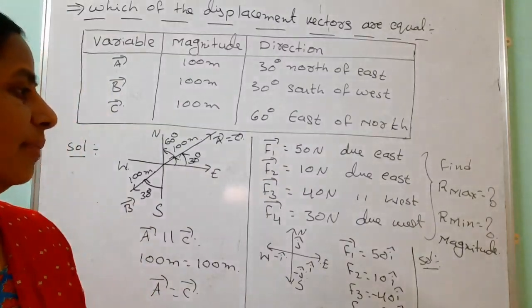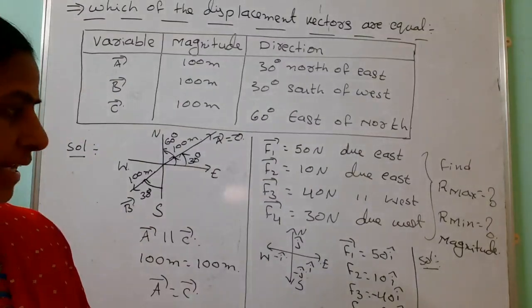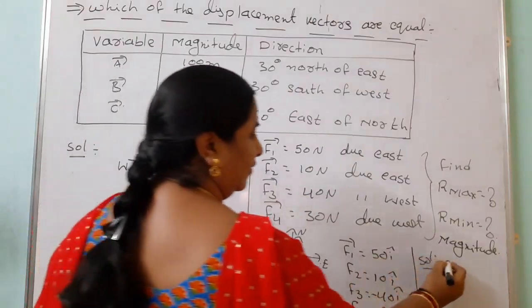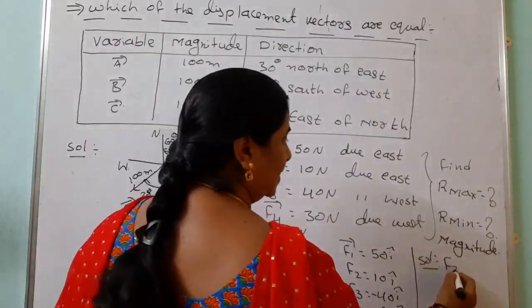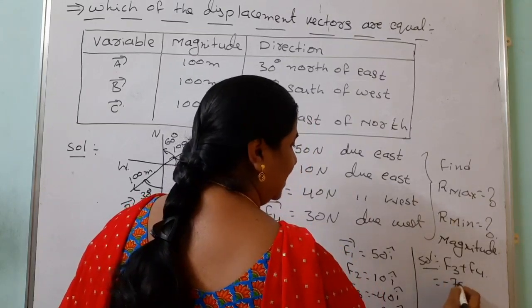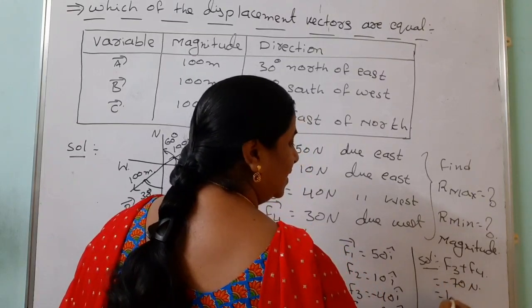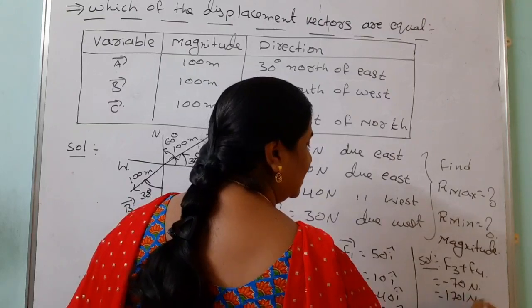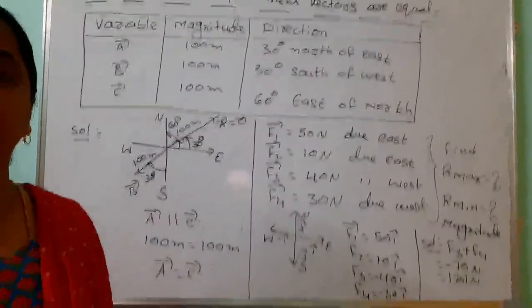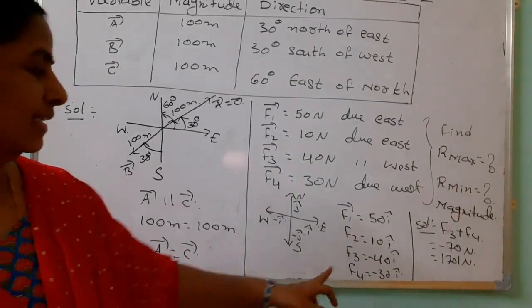How to find the maximum magnitude in this case? You can see here F3 plus F4. If we do F3 plus F4, both are minus only, so you get minus 70 newtons. Magnitude means you get plus 70 newtons. Like that, how to find the minimum resultant?